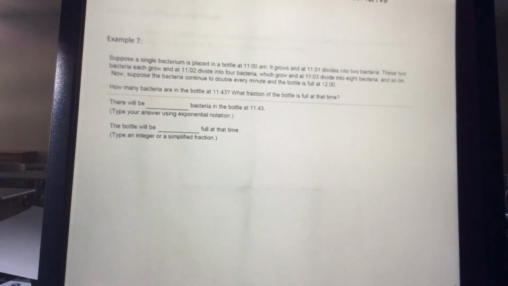Now suppose the bacteria continue to double every minute and the bottle is full at 12 o'clock. How many bacteria are in the bottle at 11:43? And what fraction of the bottle is full at that time? Okay?